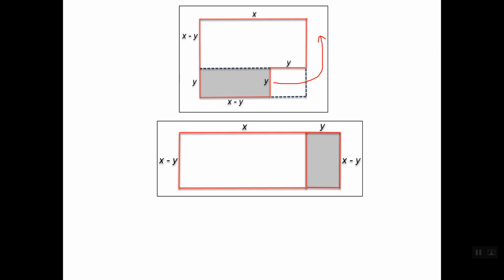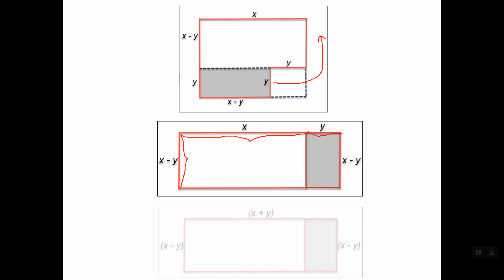So by this we have a rectangle with two dimensions. The longest dimension is simply the original x plus y. Y comes from the moving of this part here. And regarding the second dimension, it is simply x minus y.